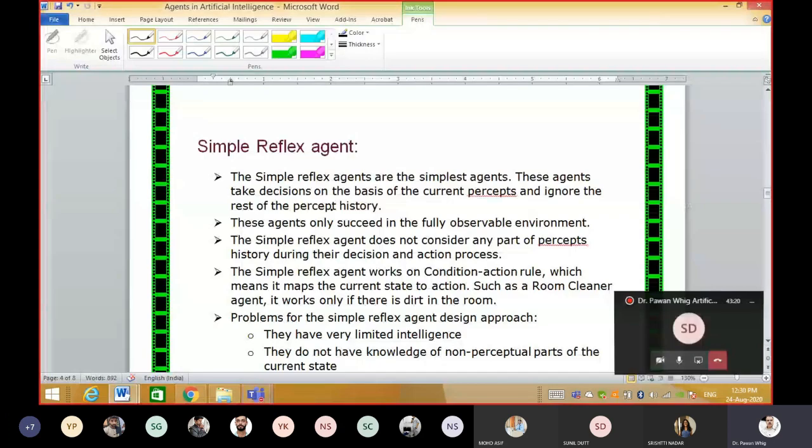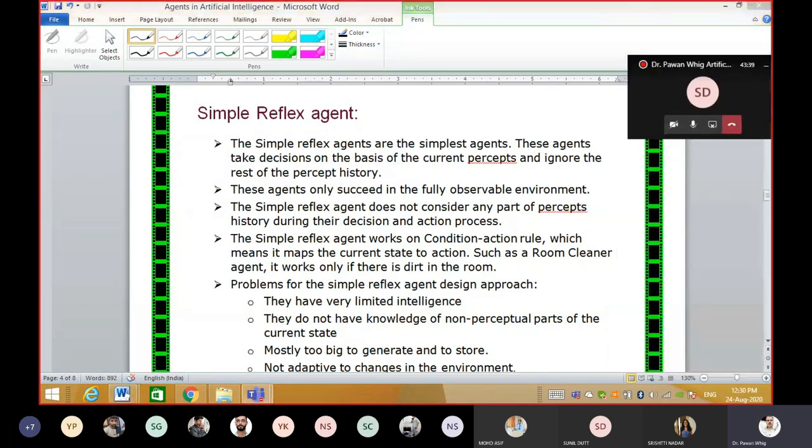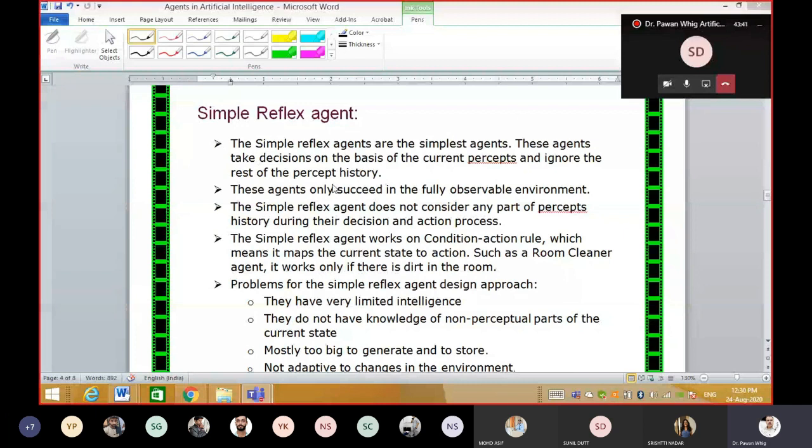Now we are talking about the simple reflex agent. As the name suggests, a reflex agent means whenever it sees the target, it starts its work.